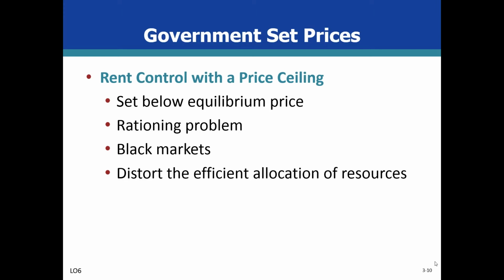What's a price ceiling? Well, it's where the ceiling is below the market equilibrium price, leading to a rationing problem and potential black markets. Price ceilings are also inefficient. They distort the efficient allocation of resources.